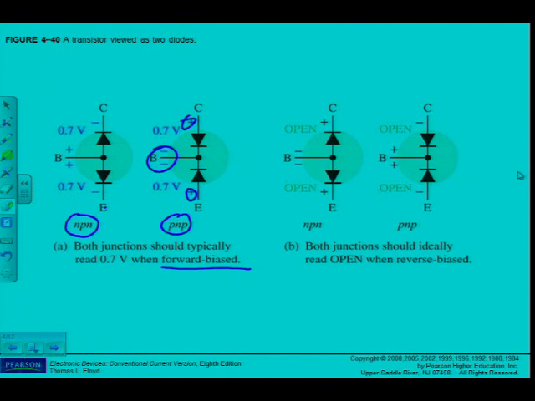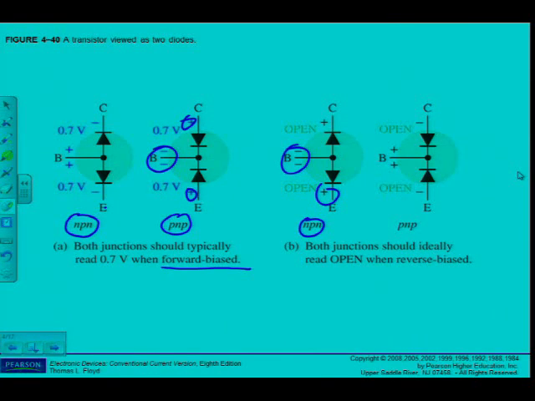When I test for reverse bias, then of course for the NPN, I will put the black lead on the base, the red lead on the emitter, and what should I read on the diode testing scale? Some of them will say open line. Some of the older meters will give you the reading of the voltage of the internal battery.